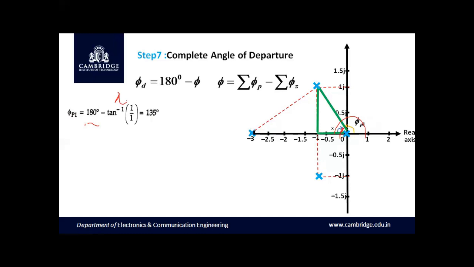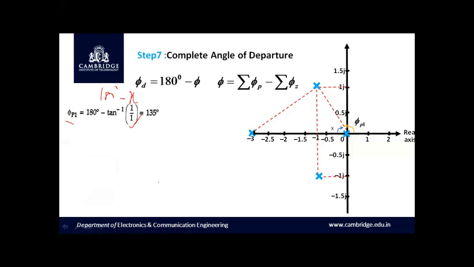Therefore, x will be tan inverse of opposite by adjacent, that is 1 by 1. 180 degree minus x gives you phi p1. Now, substituting tan inverse of 1 as 45 degree, we get 180 degree minus 45 degree, which is nothing but 135 degree for phi p1.